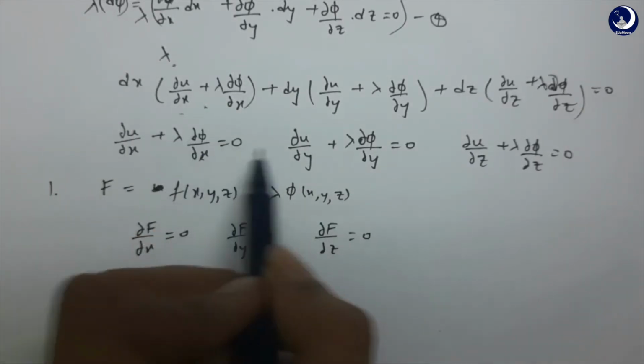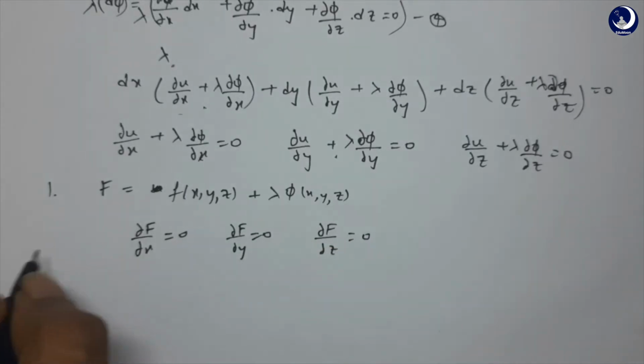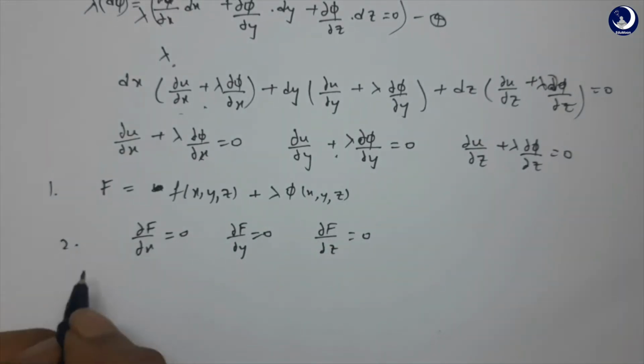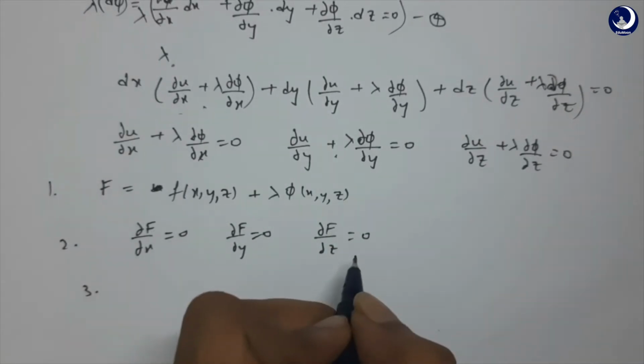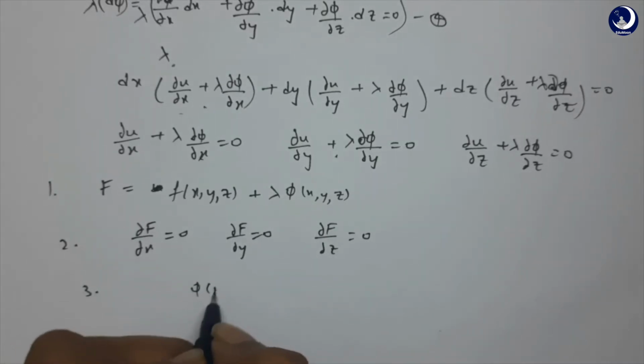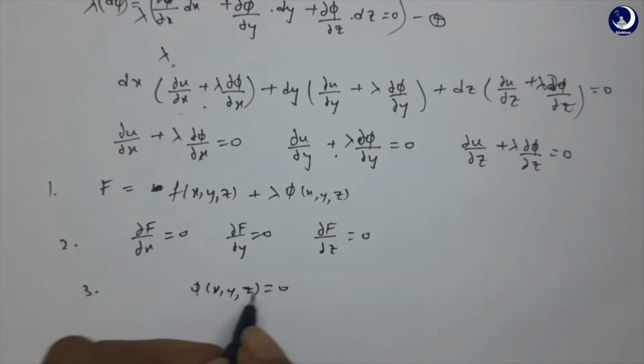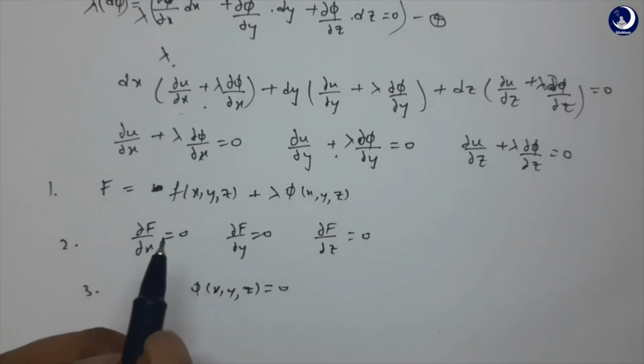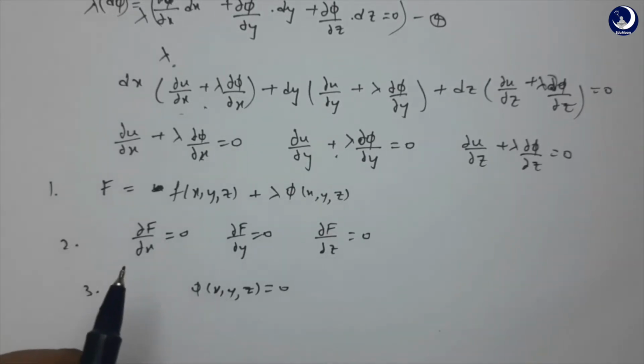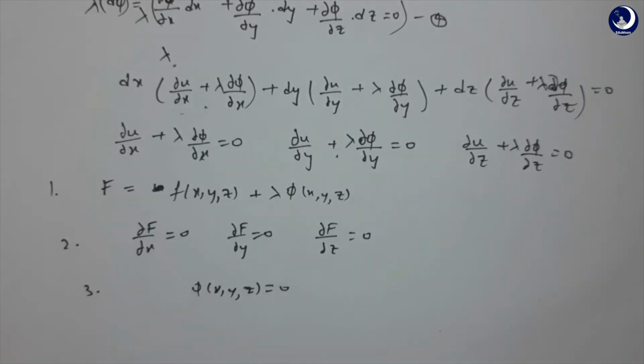That's basically these three equations. That's our second step. And the third step, we solve these above equations with our second equation, phi of x comma y comma z equals 0. So that would give us the values of x, y, z, which will give the stationary value of the given function u, that is f of x comma y comma z.